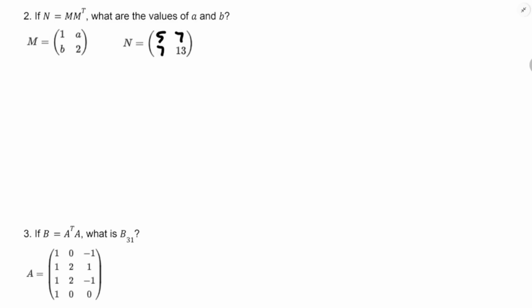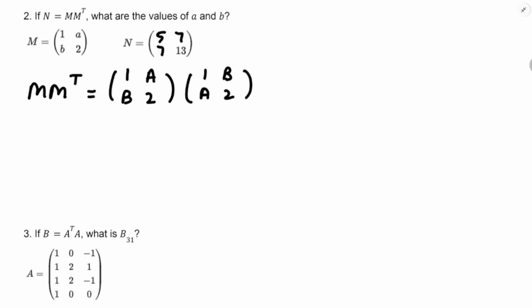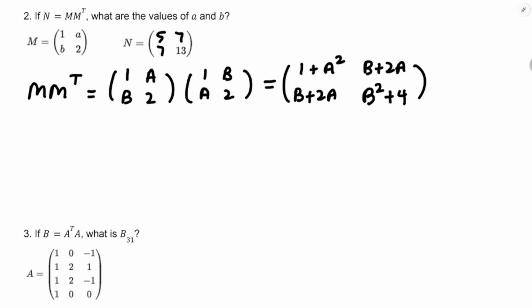Okay, so number 2, we have M times M transpose equaling N. I need to write out a formula for M times M transpose, and then do the multiplication. So 1 plus a squared, b plus 2a, b plus 2a again, and then b squared plus 4.